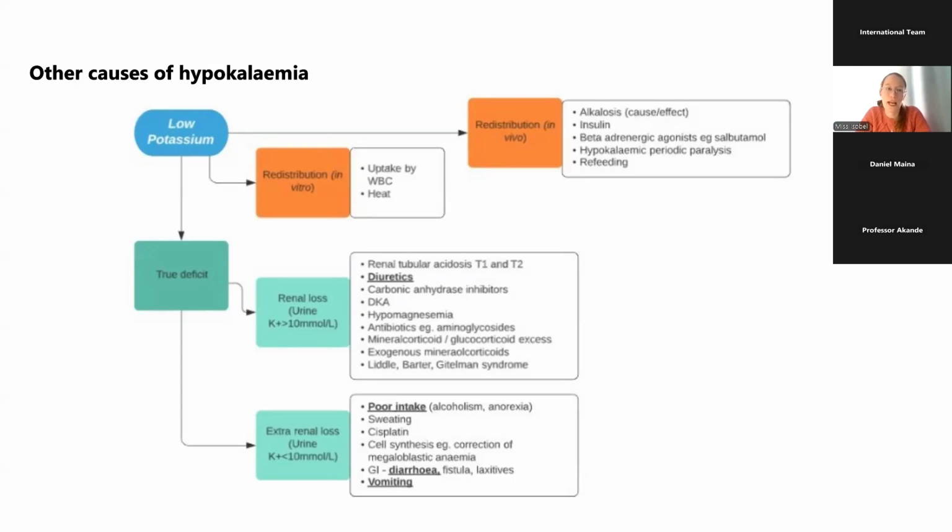Another really important cause is redistribution in vitro. So when a blood sample is taken, and it's not stored correctly, if there's any heat, for example, then the potassium can move into the cells and cause a low potassium result in the lab.